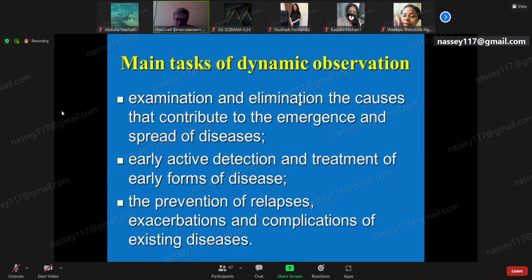Among the main tasks are examination and elimination of the causes that contribute to the emergence and spread of disease. The next point is early active detection and treatment of early forms of disease.